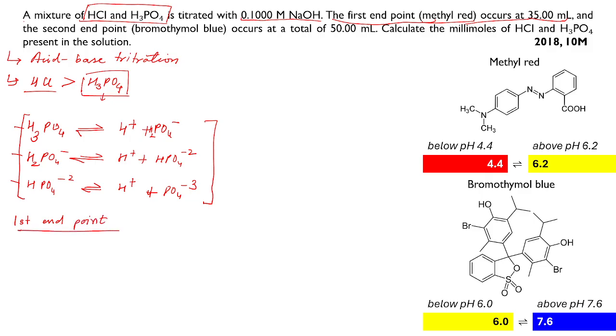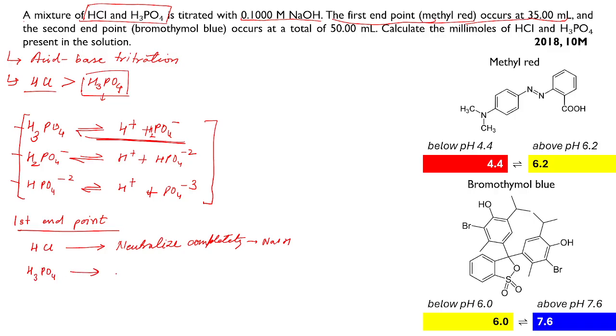First endpoint means HCl, which is a strong acid, is going to be neutralized completely by NaOH, okay? As well as the first proton, this first reaction is also taking place at this stage.